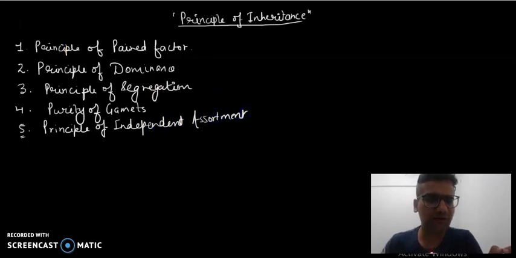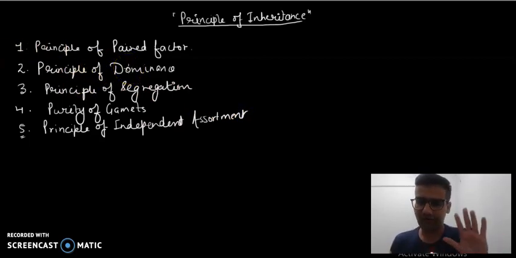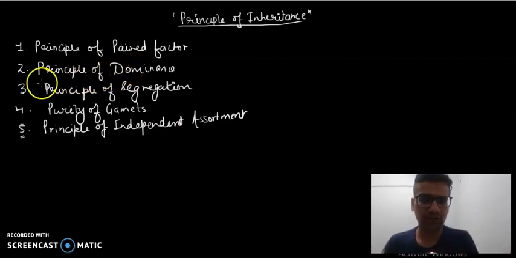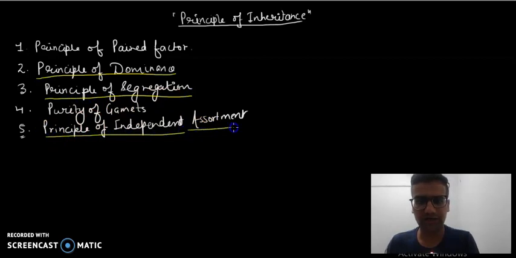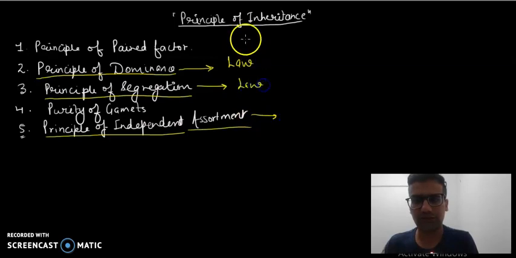Out of these 5 principles, we have got 3 laws. So he gave 5 principles, and out of these 5 principles, 3 are laws. The first law is the principle of dominance, the second law is the principle of segregation, and the third law is the principle of independent assortment.